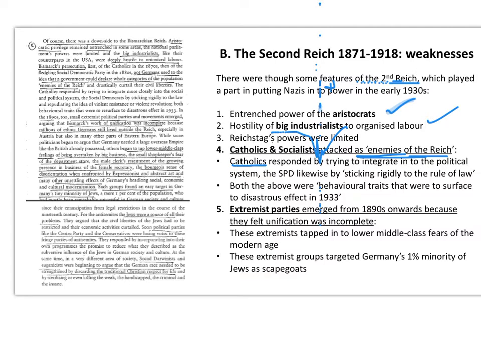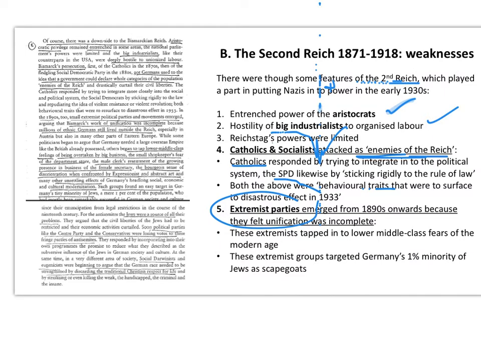We know that when Hitler took power in 1933, the SPD were surprisingly compliant. They hoped that they could work with Hitler. Well, that was very similar to the SPD in the Second Reich. So those behavioural traits surface, lots of similarity. And the other one is these extremist parties who emerged from the 1890s onwards.